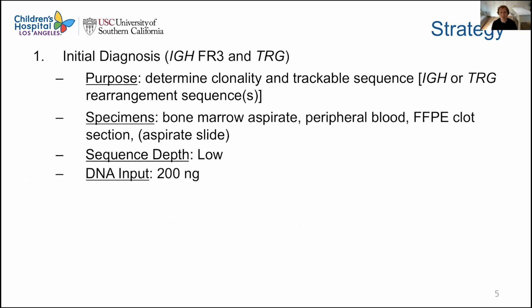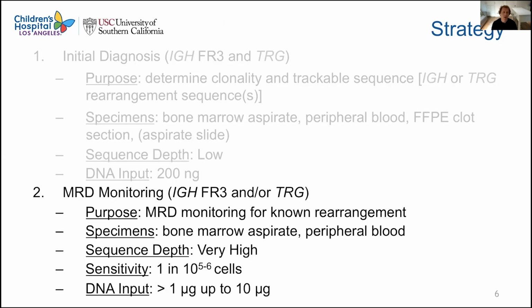For specimen types, we accept bone marrow aspirate, peripheral blood, and FFPE clot sections. We aspire to test aspirate slides, but we have not yet done that. In terms of sequencing depth, you only need a low sequencing depth at the time of diagnosis, and for DNA input, we use 200 nanograms, although we've shown that you can use much less if needed.